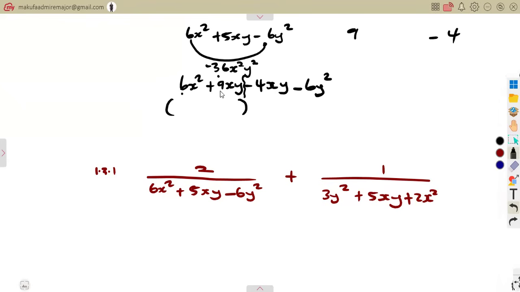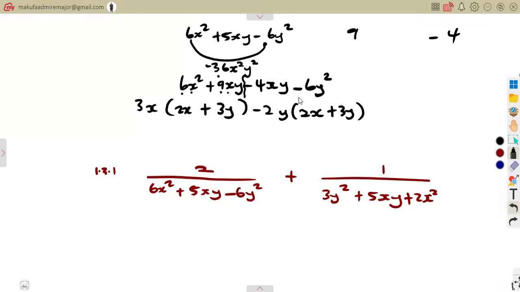The highest common factor between 6 and 9 is going to be 3, and we also have x there. 6x squared divided by 3x is going to be 2x, so you're going to have 2x plus 3y. Then factor out a negative 2y, so that it can be positive. That is going to be positive 2x, positive 3y.